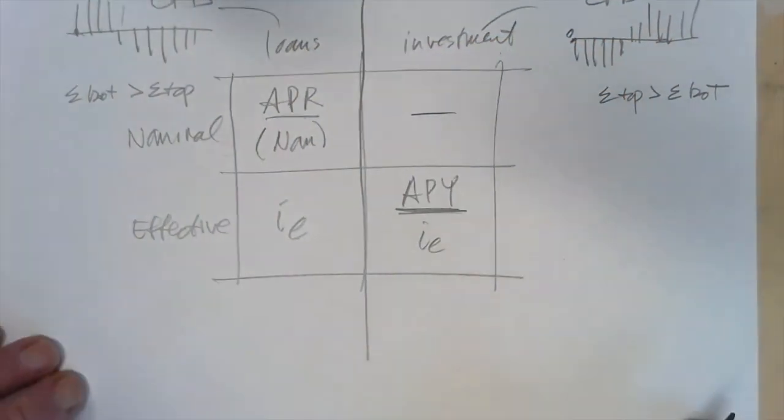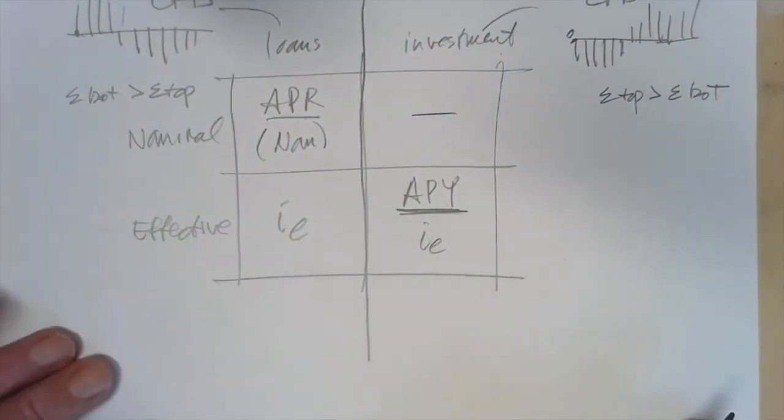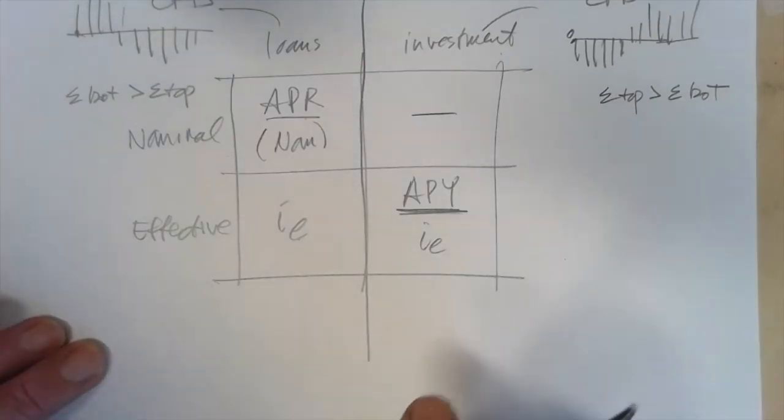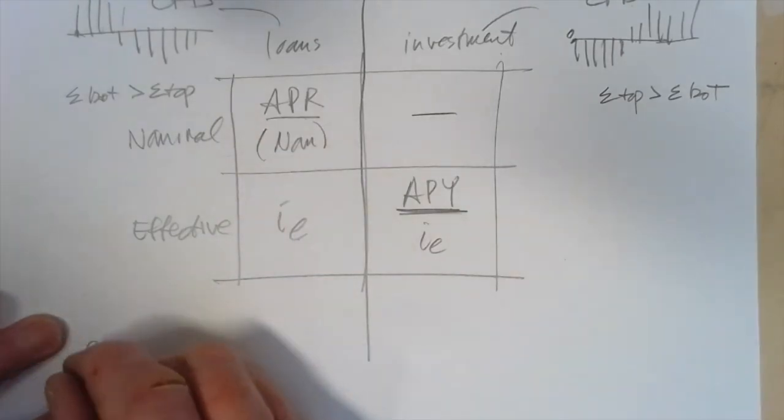Now, I'm going to end right now the series of videos with just these basic instructions about how to use cash flow diagrams, etc. And what is the whole purpose of this?